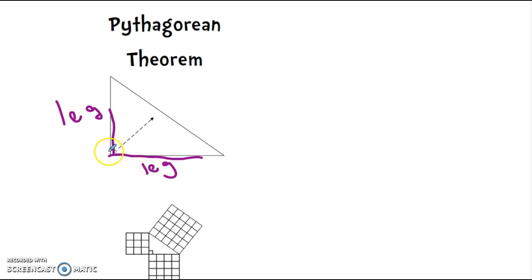And then I always have my students draw a dotted line across from the right angle because that's always going to be the hypotenuse. And we learned the past few days that if I take the side length of one of the legs and square it, and take the side length of the other leg and square it, and add those two areas together, I'll get the area of the square off the hypotenuse.